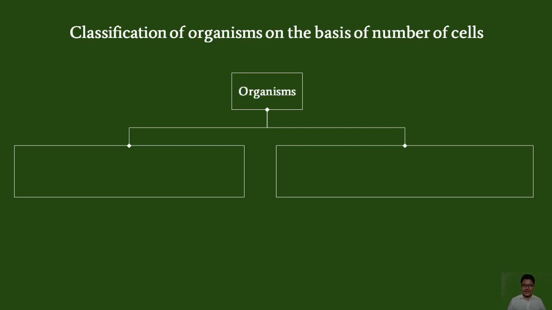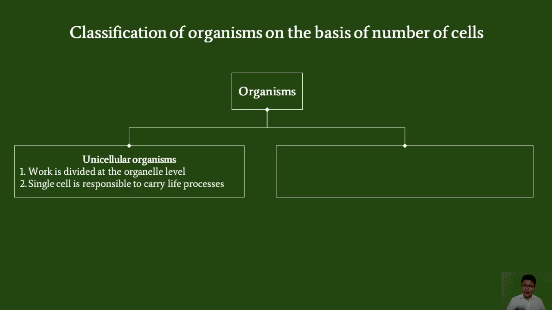An organism may be unicellular. Uni refers to one, cellular refers to cell. Organisms which have a single cell are called unicellular organisms. In unicellular organisms, all the life processes, all the functions are divided among the cell organelles. A single cell carries out different life processes.